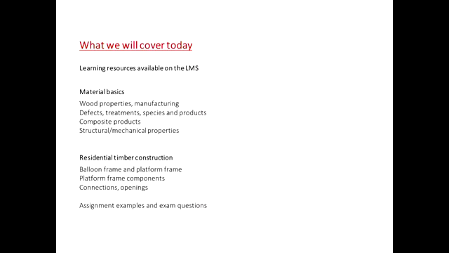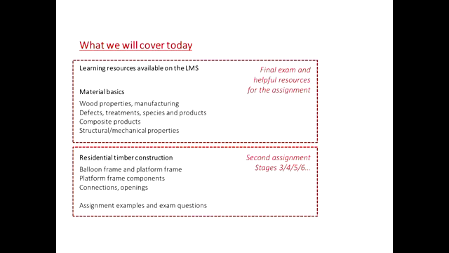Then we'll have a look at some composite products, because for instance they'll be relevant for joists or truss systems, and some basic notions of the structural and mechanical properties of timber, because you'll need to know that we are dealing with an orthotropic material and not an isotropic material, which would be easier to deal with.